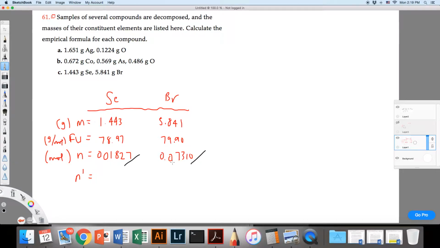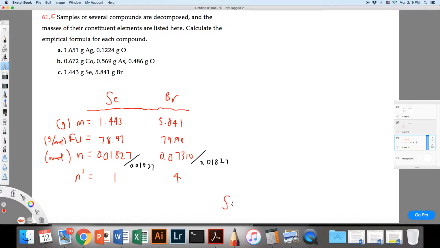So which of these is the smallest? 0.01827. 0.01827 divided by 0.01827 is 1, and 0.07310 divided by 0.01827 goes to 4. Sure enough.